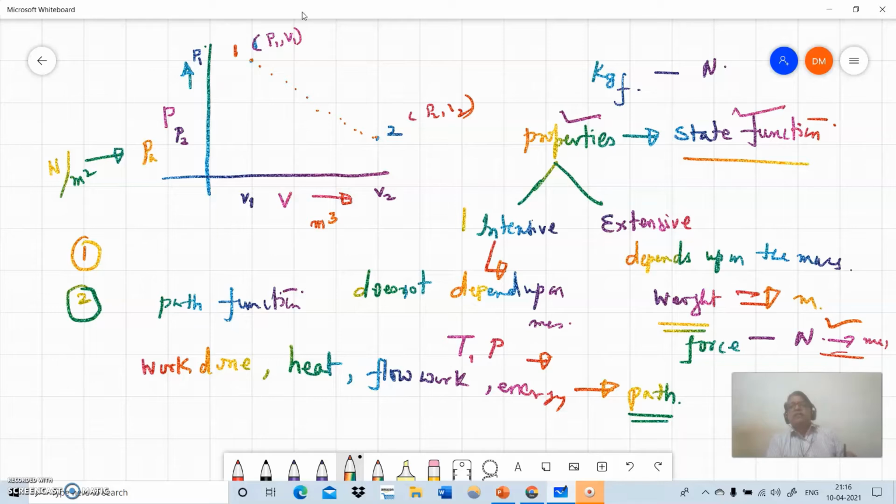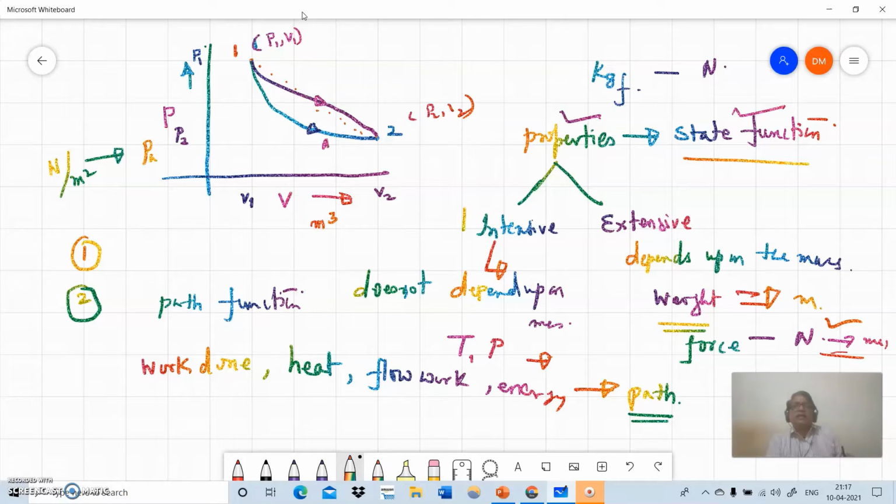So let us say 1 is this, 2 is this one. If I want to go from 1 to 2, I can take a path like this, right? Or the second path, I will take this one.